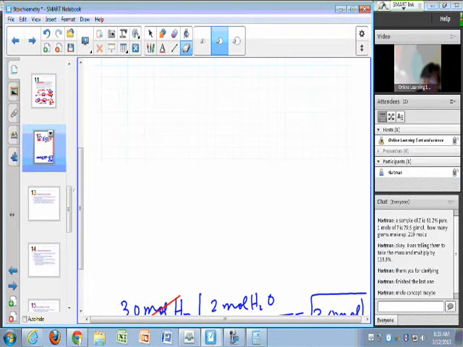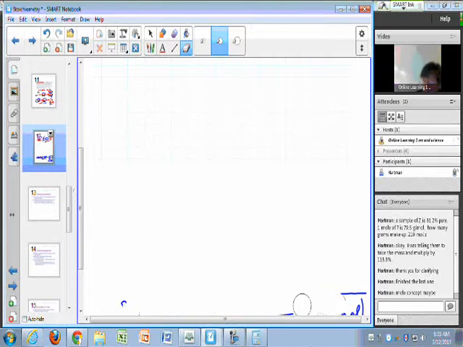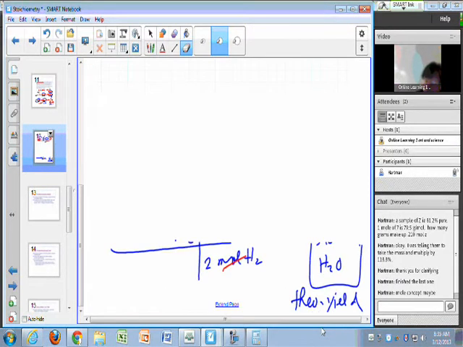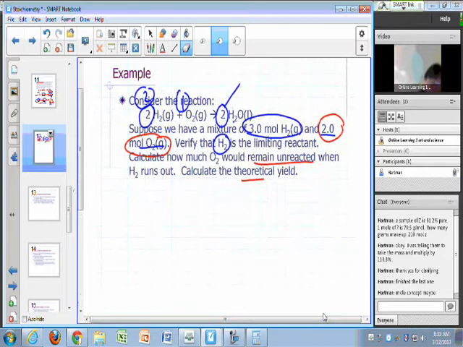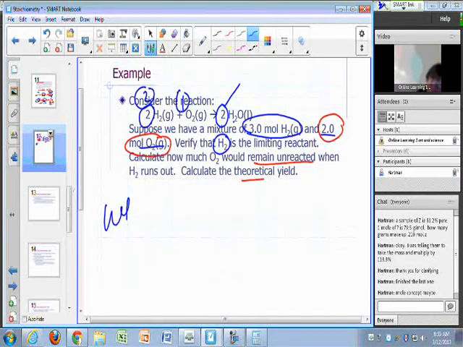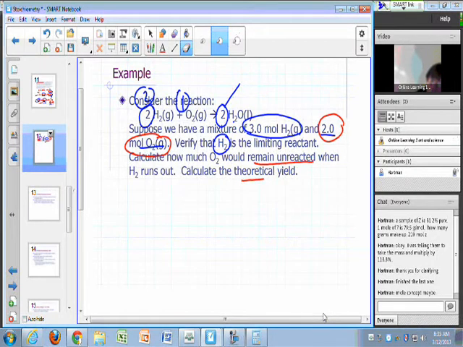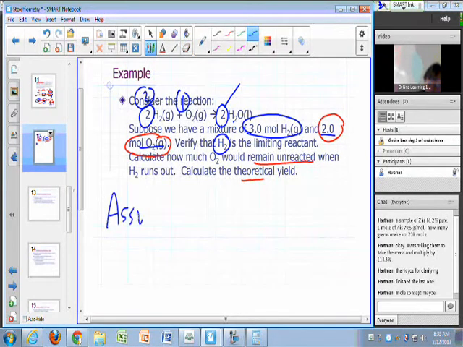If we made the opposite assumption, let's do this. What if we assume O2 is the limiting reactant?